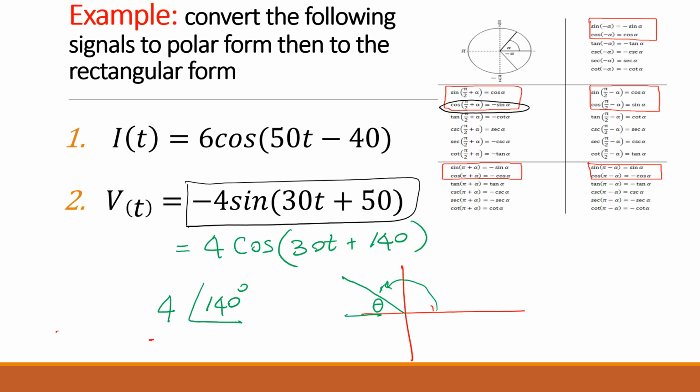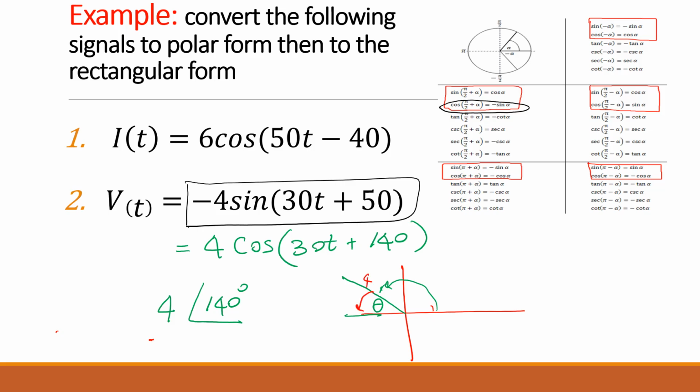So now how do we find the components in the real axis and the imaginary axis? That theta is 40, so 4 cos theta will be your real part. It is a negative value. Agree? So this is 4.